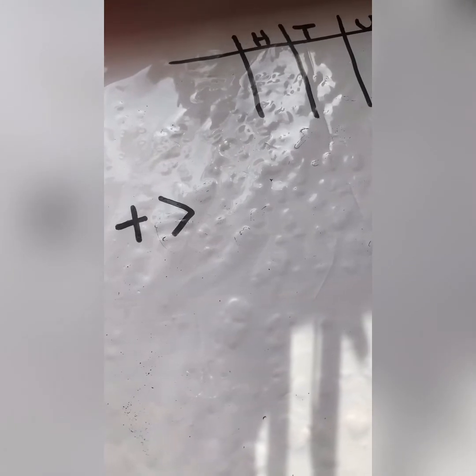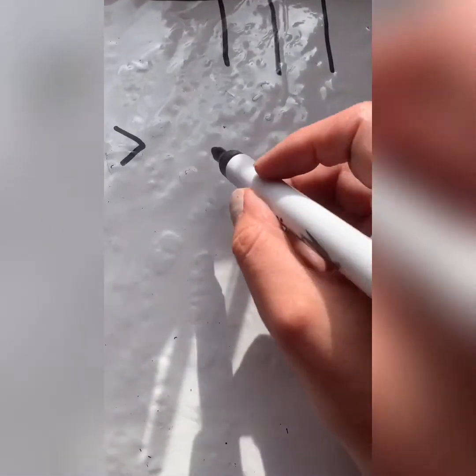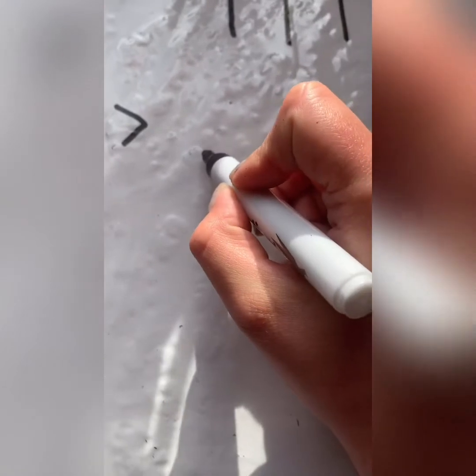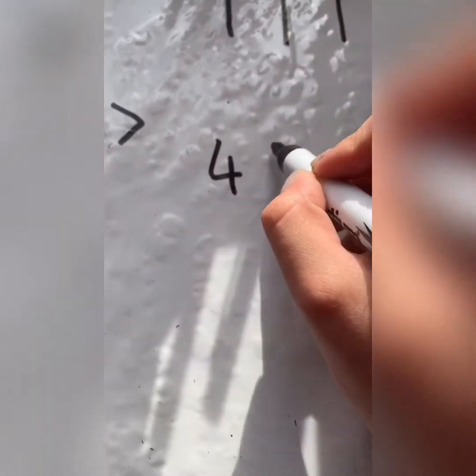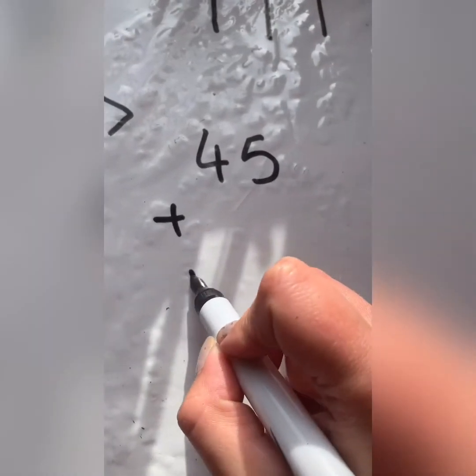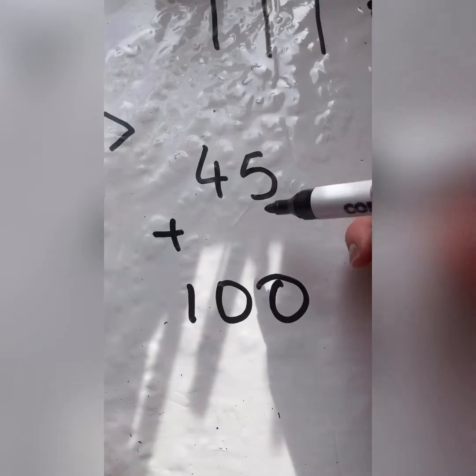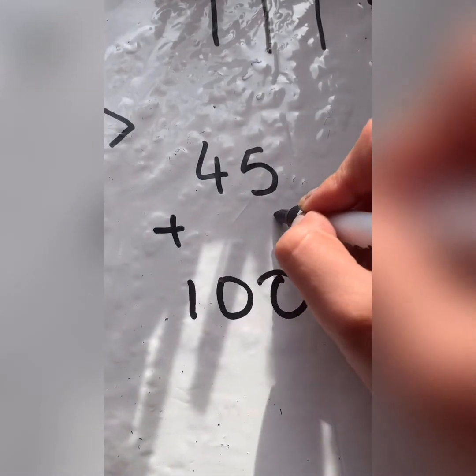Okay, so it becomes larger than the original. We also must remember the strategies that we have learned for mental maths for adding numbers together, for example, jigsaw numbers. So if we have, for example, 45 plus something, and we need to turn it into 100, we know that our units column must add up to 10.